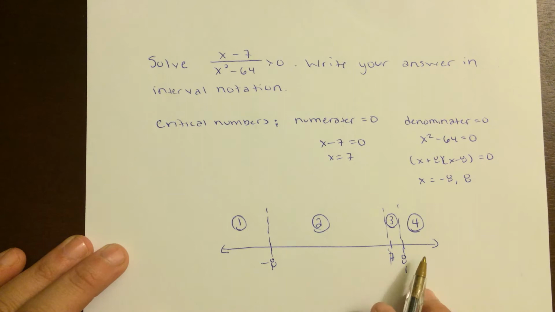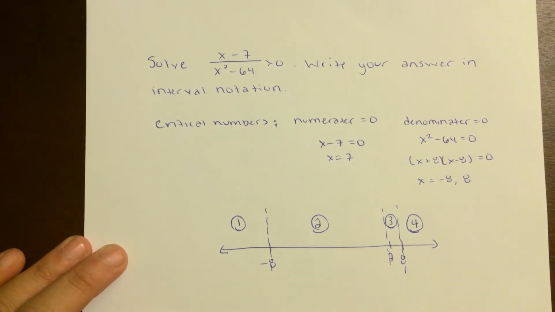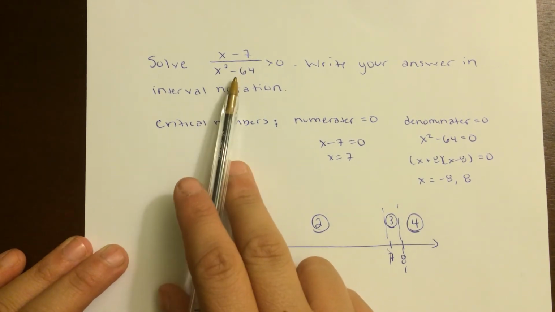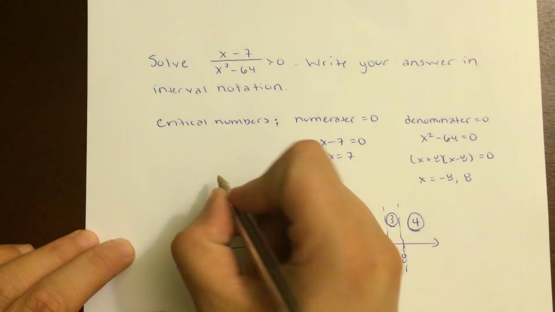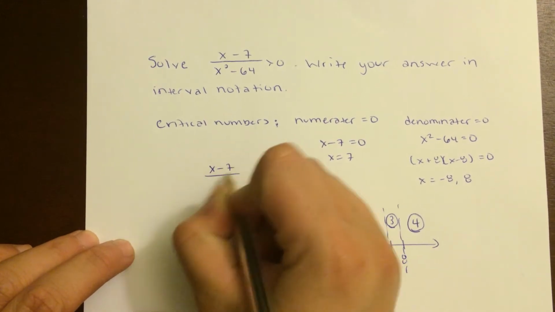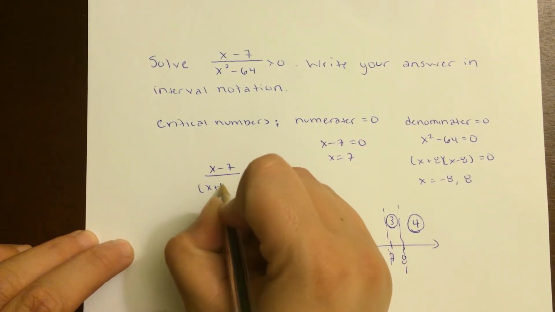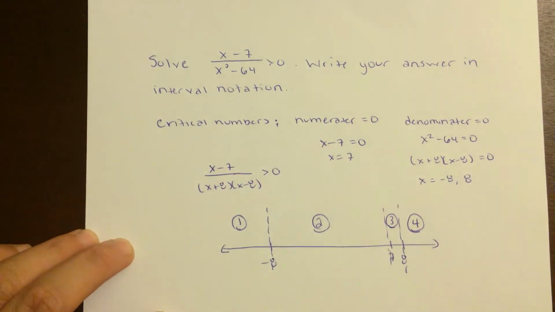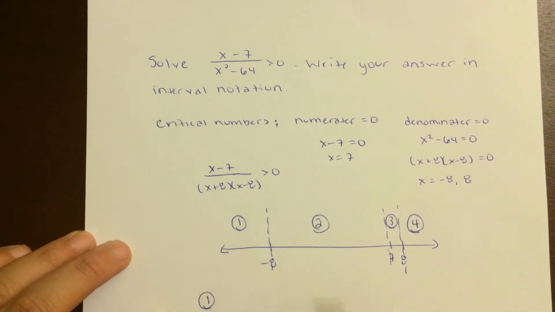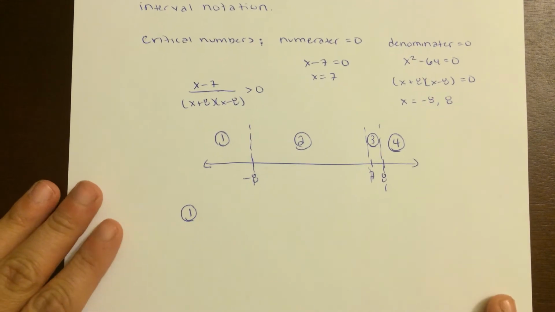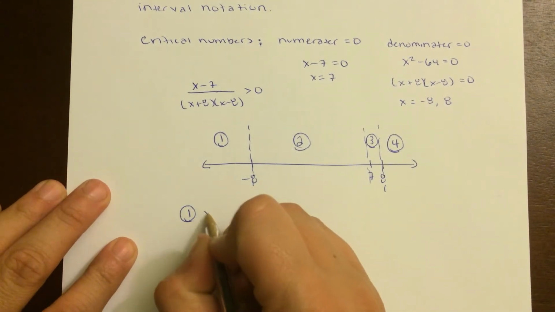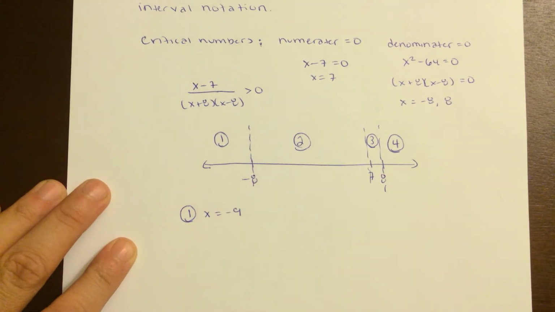And I'm going to test numbers from these regions. I'm going to plug them back into the original inequality, but I'm going to rewrite it in factored form. So I'm going to plug into x minus 7 over (x plus 8)(x minus 8) bigger than 0. I'm going to test a number in this first region, which is any number less than negative 8. Most students pick the most immediate number, like negative 9.